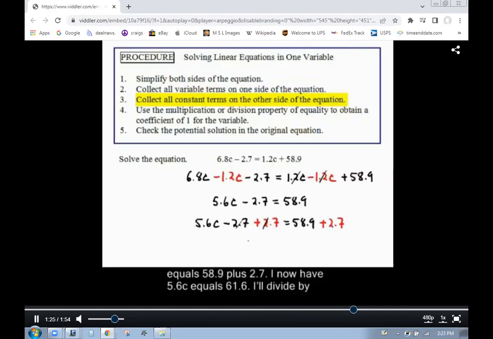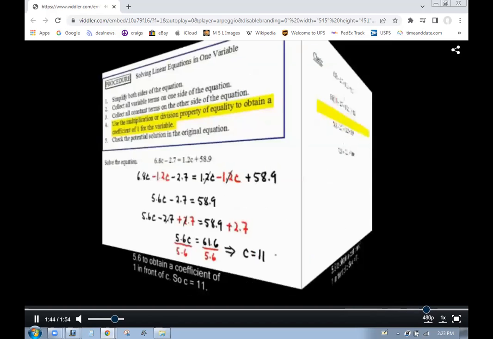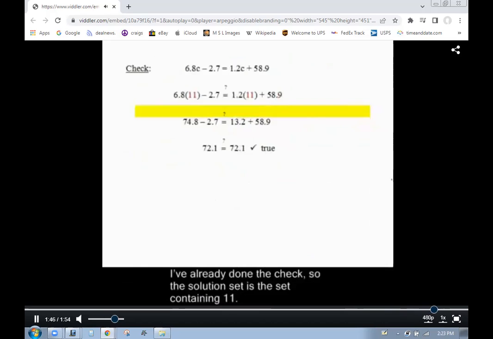I now have 5.6c equals 61.6. I'll divide by 5.6 to obtain a coefficient of 1 in front of c. So c equals 11. I've already done the check, so the solution set is a set containing 11.